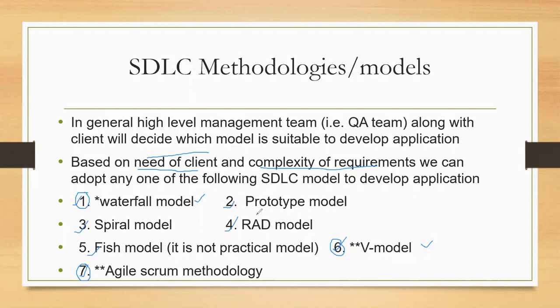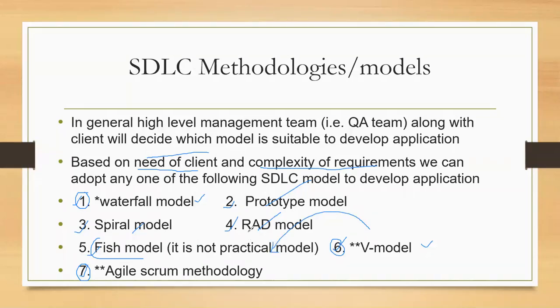Okay. Now, what about these other models? Prototype, RAD model, spiral model, these are outdated models. We can say like that. The fish model is not a practical model in the market. We explain the fish model only for easy understanding, diagrammatically. Whatever we have in the V model, that only is described in the fish model diagram-wise.